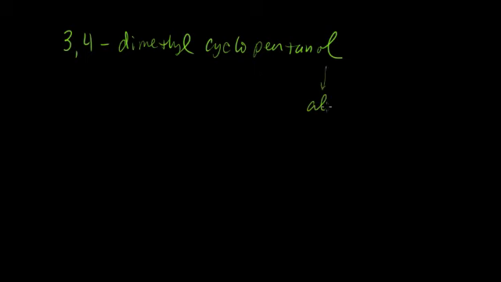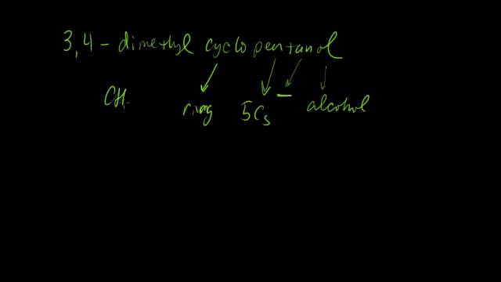Got to be an alcohol. Pentane, 5 C's, and single bonds. Cyclo, we're going to have a ring of these 5 carbon single bonds. Dimethyl, we're going to have 2 CH3s, one off of number 3 and one off of number 4.